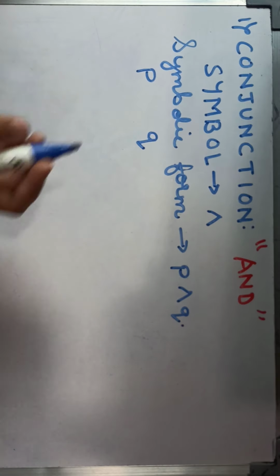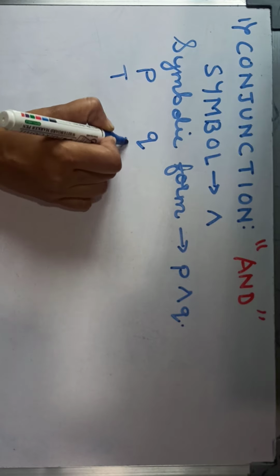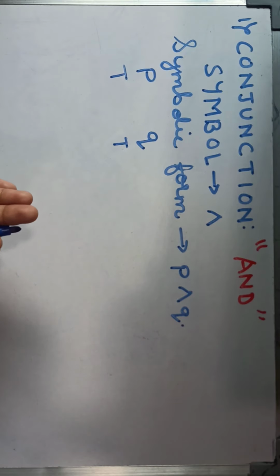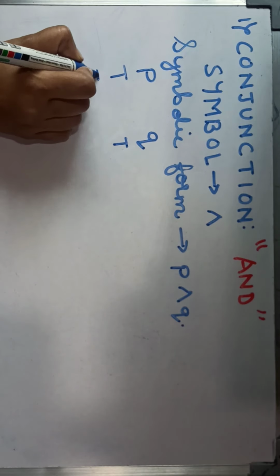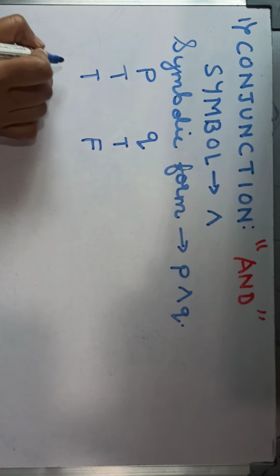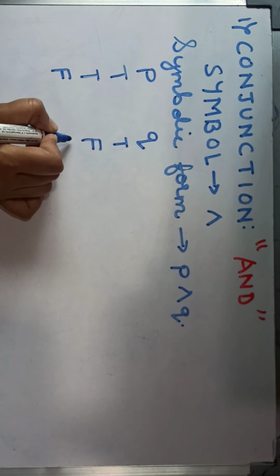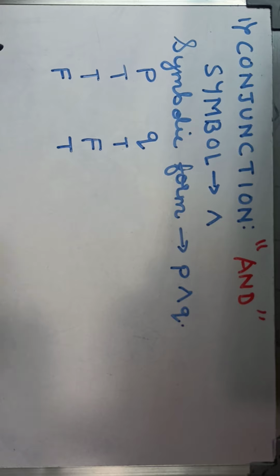Both can be true, or one of them can be false. That is, if P is true, Q is false, or if P is false, Q is true, or both can be false. So these are the possible combinations of values of P and Q. If you tabulate it, then it is called the truth table.